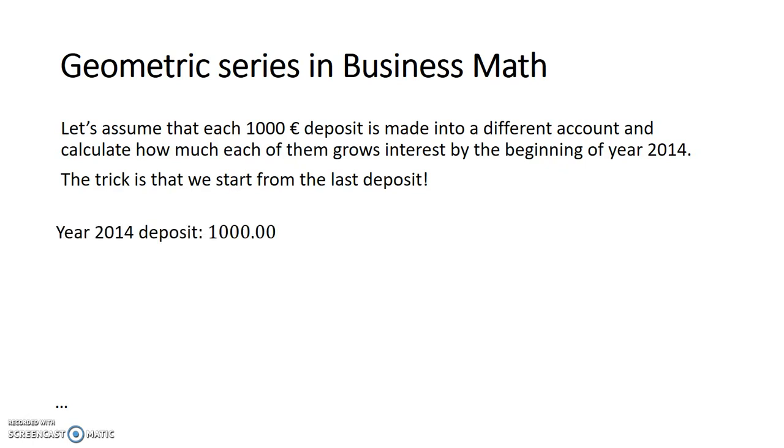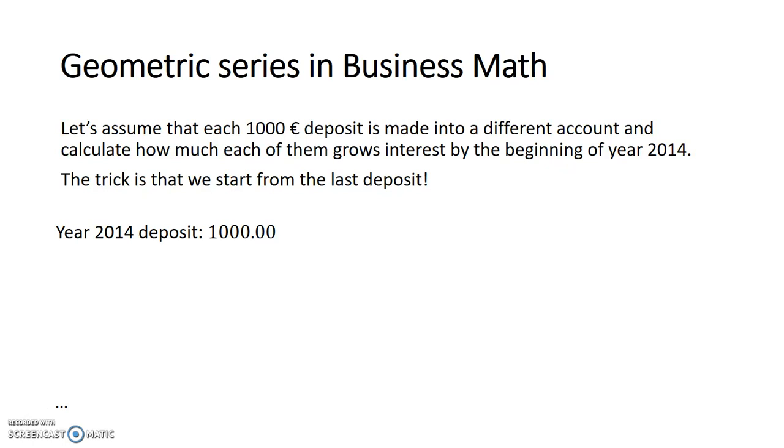So, the last deposit was made in the beginning of year 2014. So, 1,000 euros. And then we were asked to calculate the balance in the beginning of the year 2014. So it means that this last deposit does not have time to grow any interest. Alright, let's think about what was happening a year earlier. So we're going backwards.